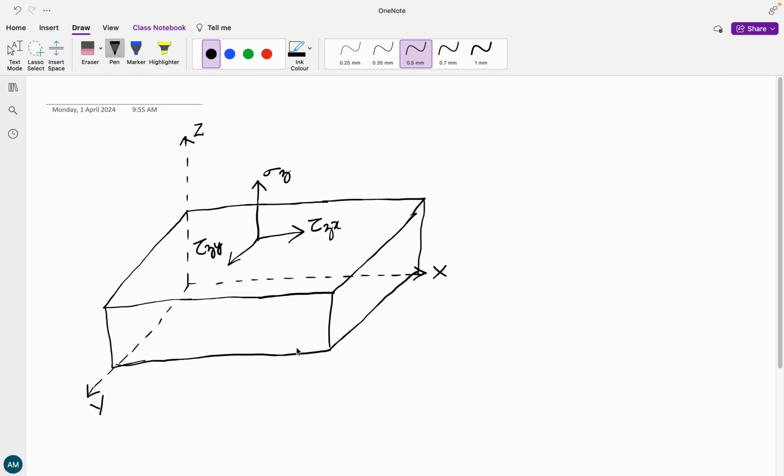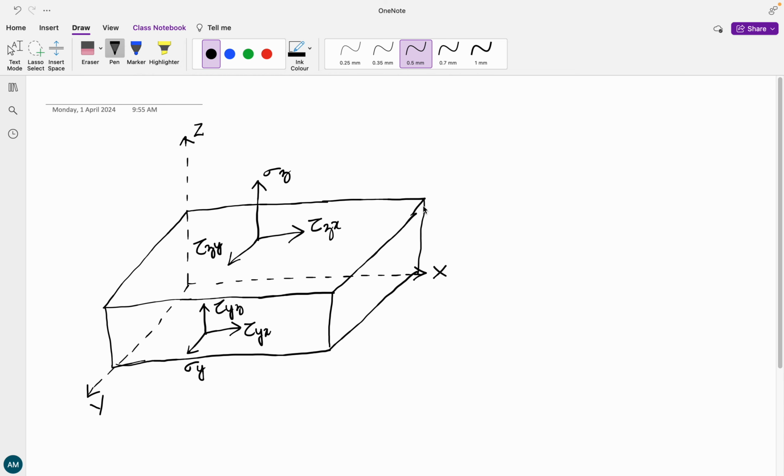Now on the front surface of the parallelepiped, again we will have three forces acting. First, the normal stress sigma y, then a shear stress of tau yx, and then a shear stress of tau yz.